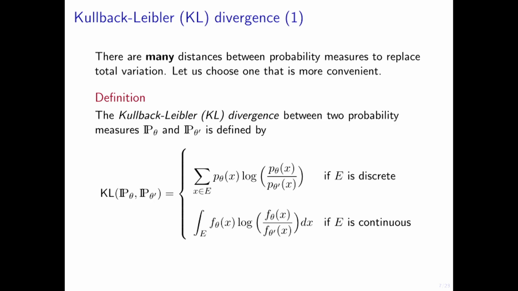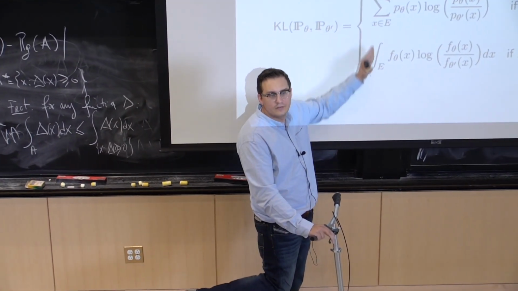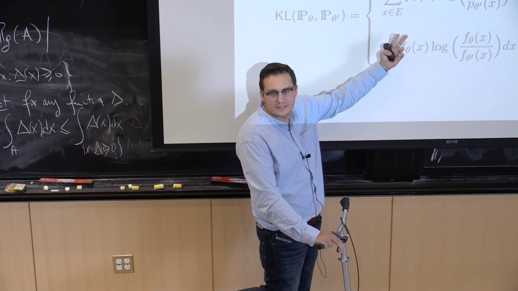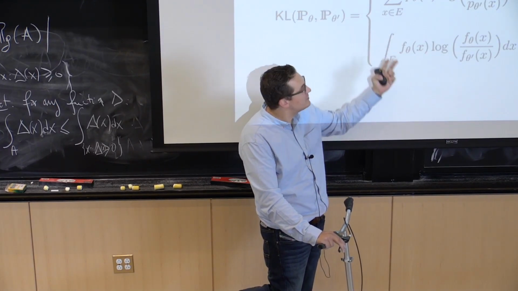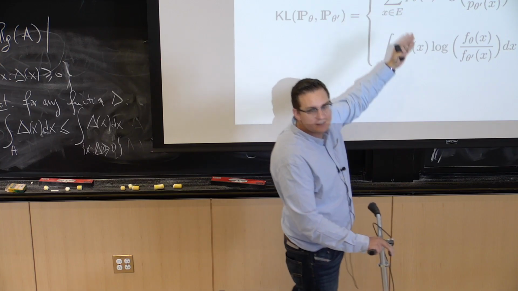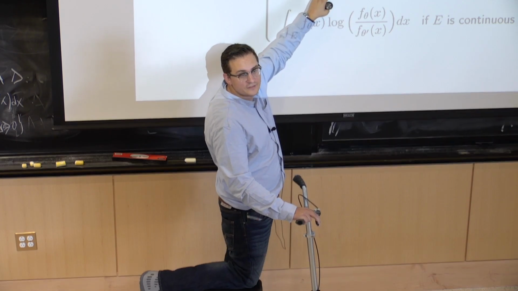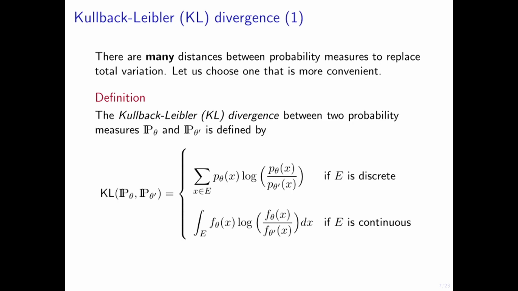Remember, before we had either the sum or the integral of 1/2 of the absolute value of the difference between the PMFs, and 1/2 of the absolute value of the difference between the probability density functions. Now we replace this absolute value of the distance divided by 2 by this weird function: p theta log of p theta divided by p theta prime. That's a weird function.